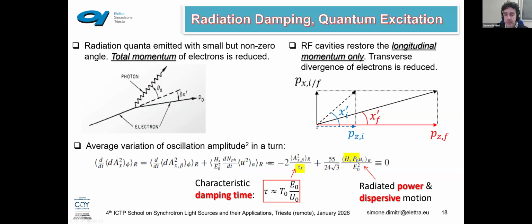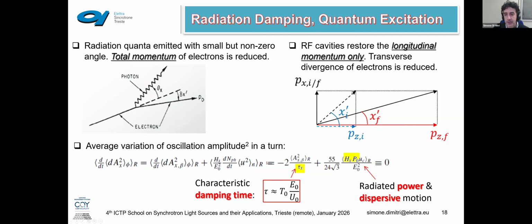It's an object which is increasing the longitudinal momentum of the particle while keeping the transverse momentum untouched. This means that the angular divergence of the particle, which is nothing else than x prime, the ratio of the transverse and longitudinal momentum, will be reduced by longitudinal acceleration.